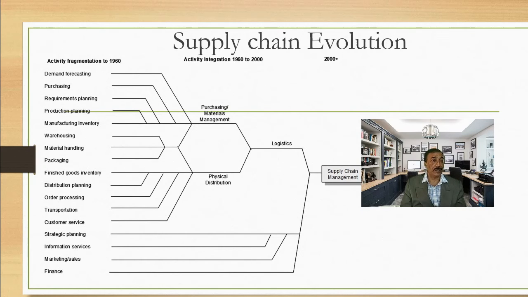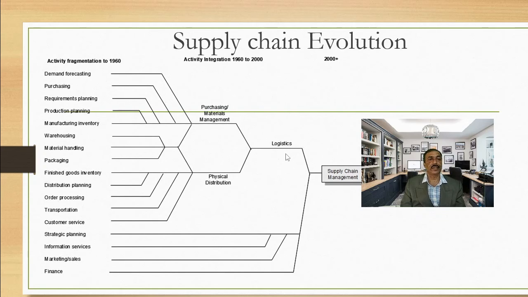On the other side, you will have warehousing, material handling, packaging, finished goods inventory, distribution planning, transportation, customer service. So there is something related to the inbound component and the outbound component and something in between. All these are integrated. Earlier it was separately inbound logistics and outbound, now it is combined into a single logistics.